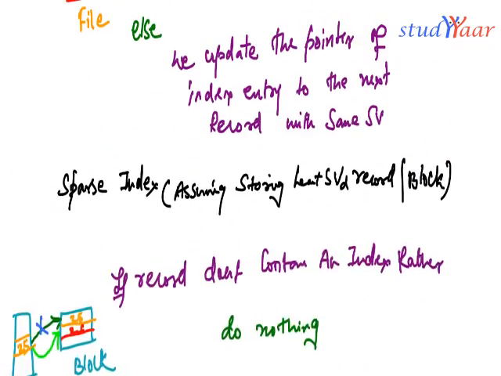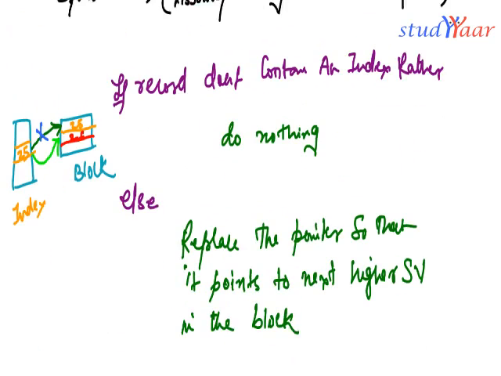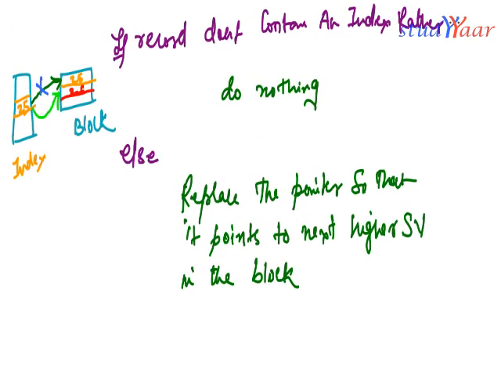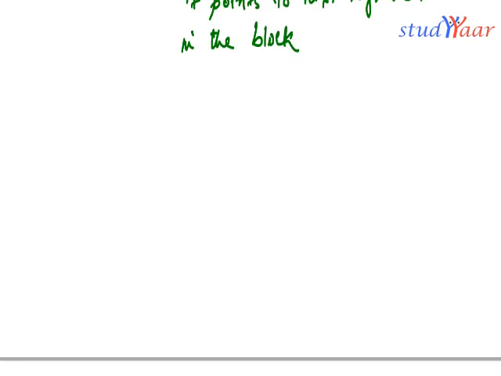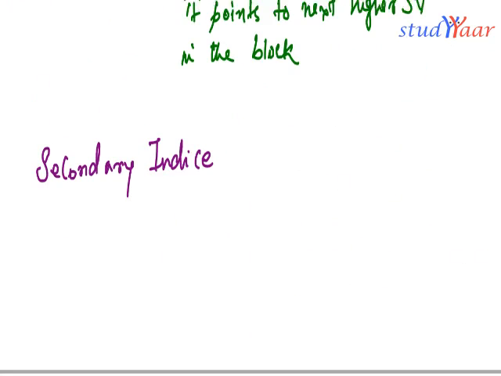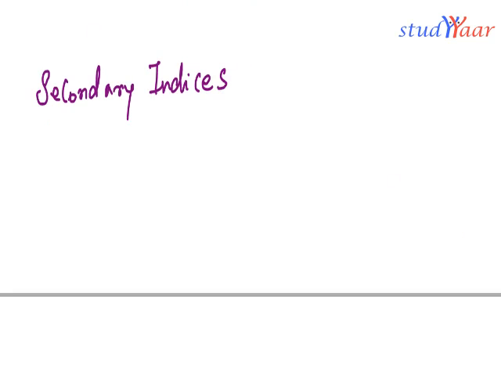Okay, so we've covered deletion in sparse as well as dense index. Let's now take a look at secondary indices. We've already touched upon it in the introduction part. We'll just elaborate a bit further on this. Okay, so I'm assuming I have a table which has employee ID 1, 2, 3, 4, 5, 6.